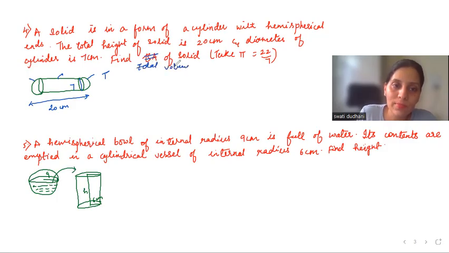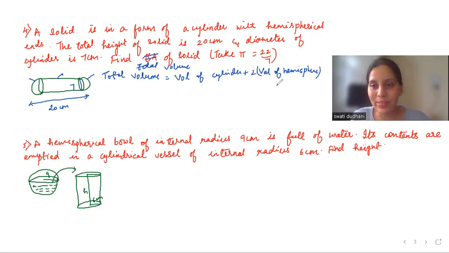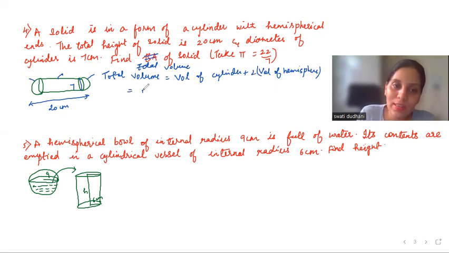Total volume. So total volume will be what? Volume of cylinder plus volume of hemisphere. But how many hemispheres do we have? 2 hemispheres. So 2 into volume of hemisphere. So what is volume of cylinder?